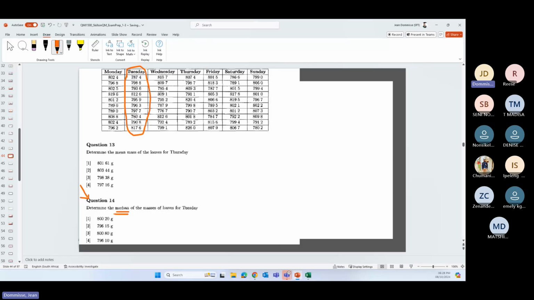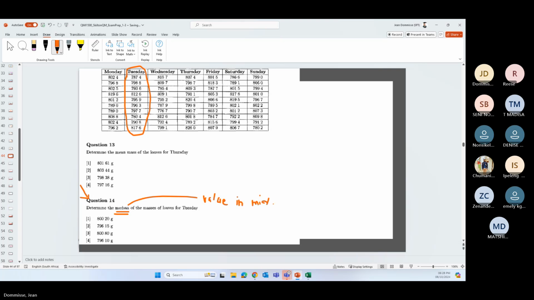Okay, so again, this is very time consuming, because the median is the value in the middle of the numbers.